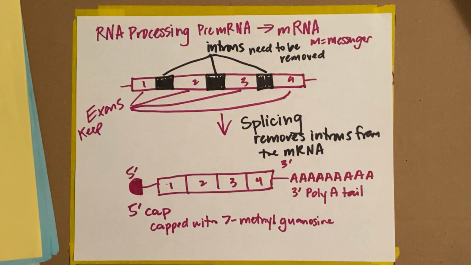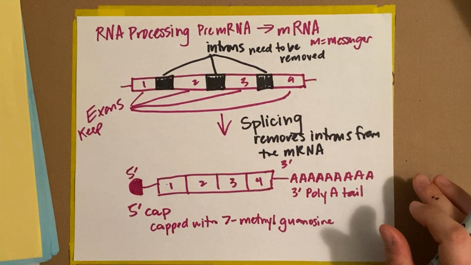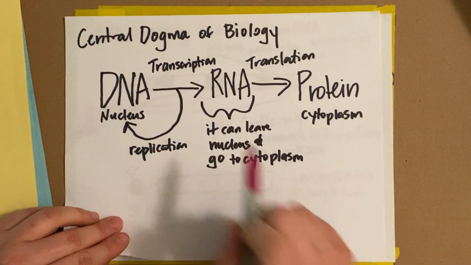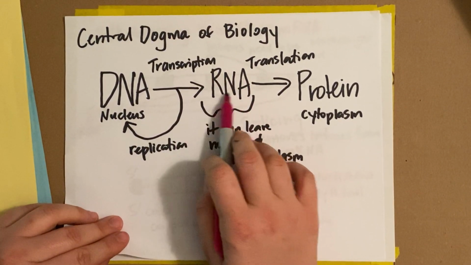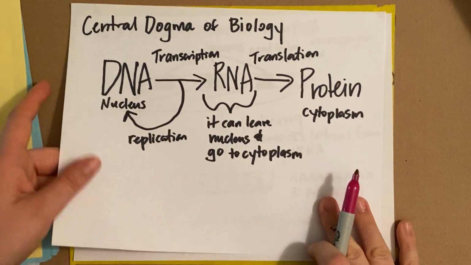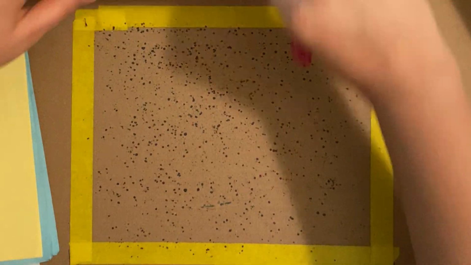That is going to allow it to exit the nucleus and enter into the cytoplasm so that our next big step can take place. So mRNA is what can move out and is what we're going to translate.